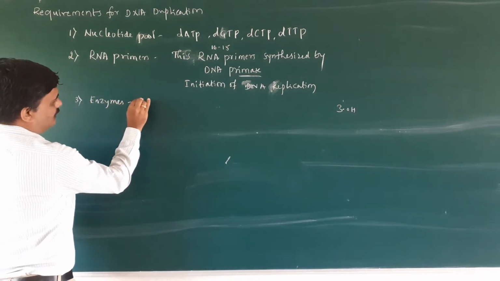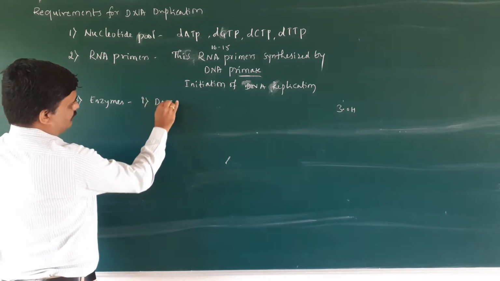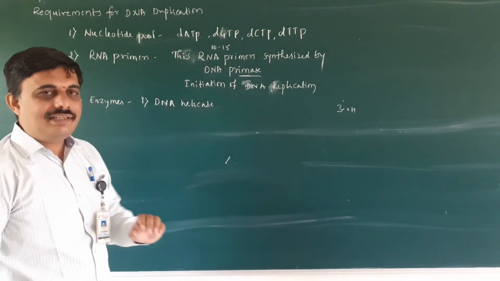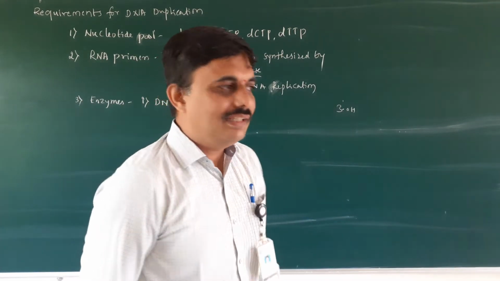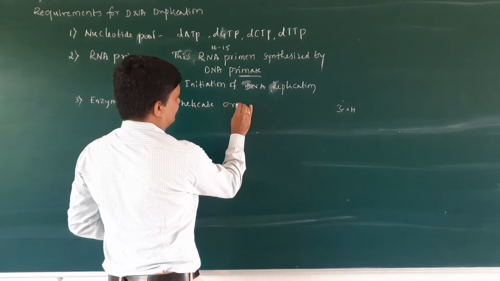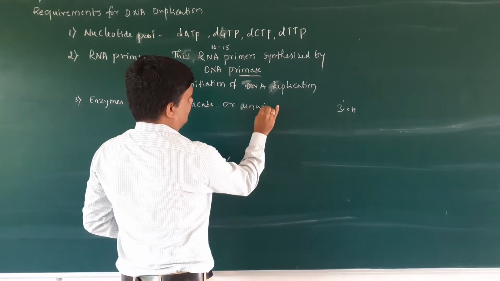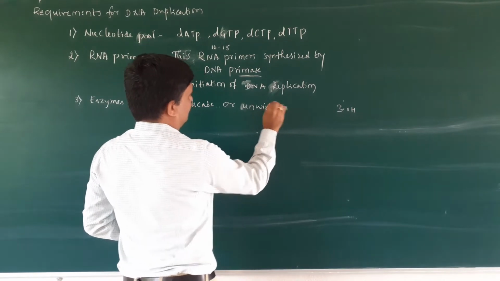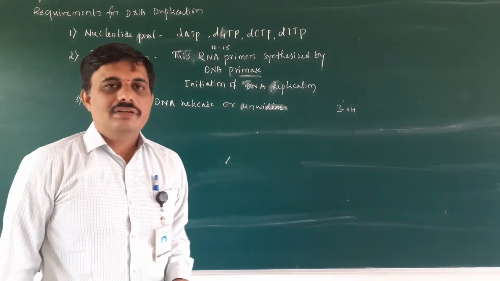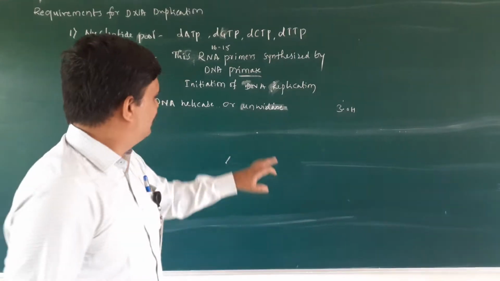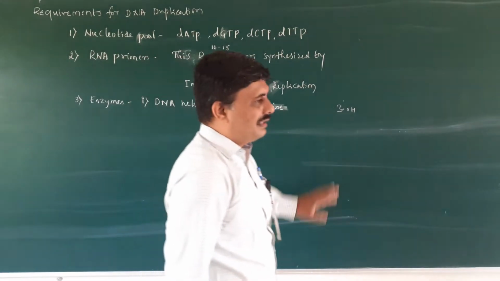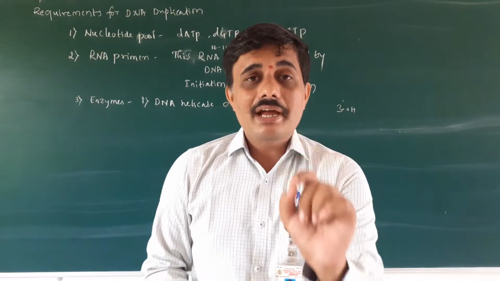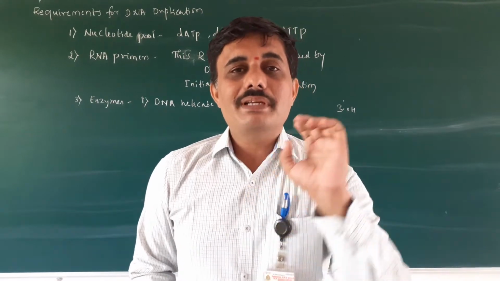The first one is DNA helicase, also called unwindase. DNA helicase, or unwindase enzyme, is required for the unwinding of the two strands of DNA at the Ori site, the origin of replication.